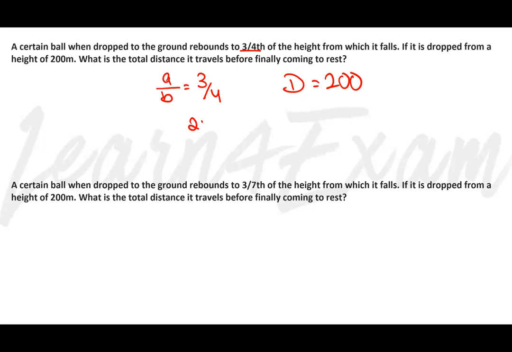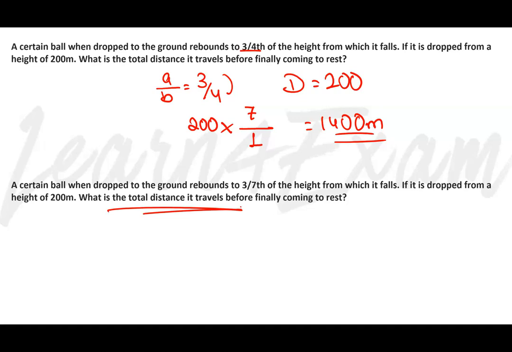The distance would be equal to 200 into the sum, that is 7, divided by the difference, that is 1, so 1400 meters, and that's the answer. This is the question that I want you to solve. Please ensure you apply this short trick and solve it, and do let me know how much time it took you, because I'm very sure it won't take you more than 10 seconds.